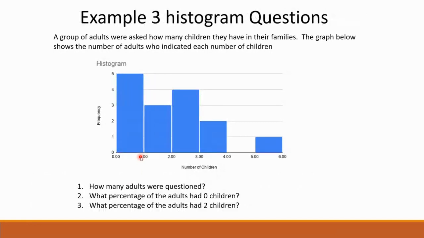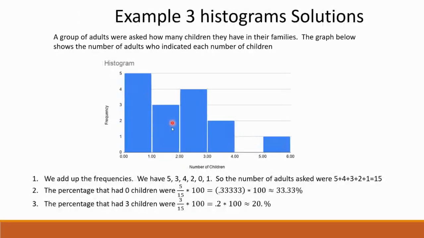Okay, now from there we can ask, what percentage had no children? In other words, what percentage of the adults had no kids? Well, let's see. We know that 5 of them said they had no kids. There's 15 altogether. So it's just like a percentage problem. 5 over 15 times 100.